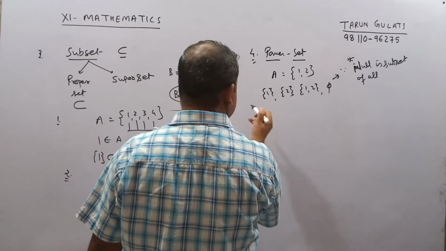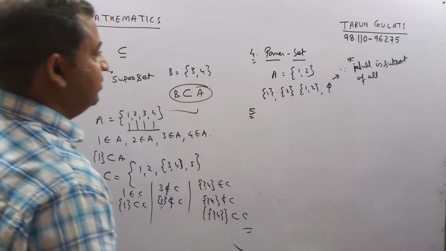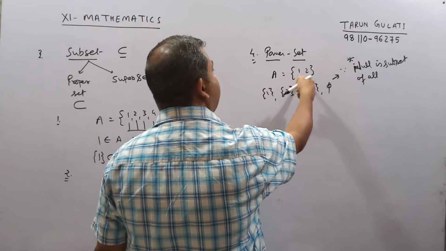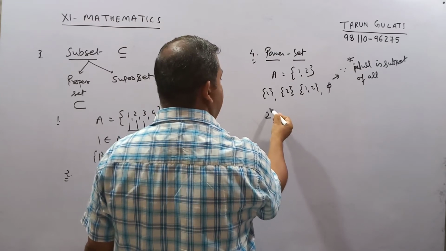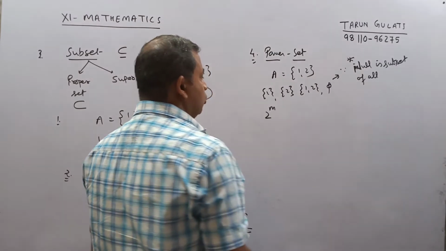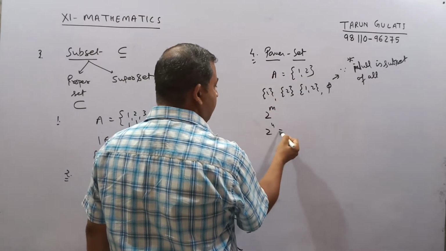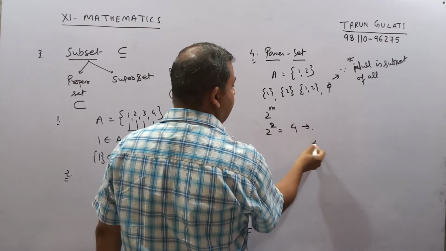Next it is point number 5. This is power set. How many subsets are possible? It depends upon the number of elements. So we have a formula, 2 to the power m. Say there are 2 elements, so there are 2 to the power 2. It comes out to be 4 subsets are possible.